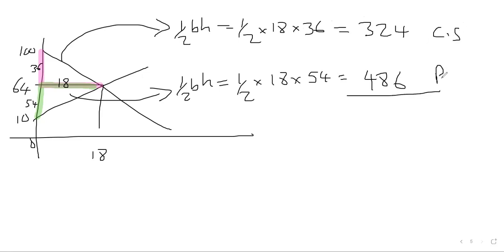This is called the producer surplus. When we add these, 324 and 486, we're going to get 810. This is called our social welfare or total surplus. So this is how our equilibrium is being explained in this concept there.